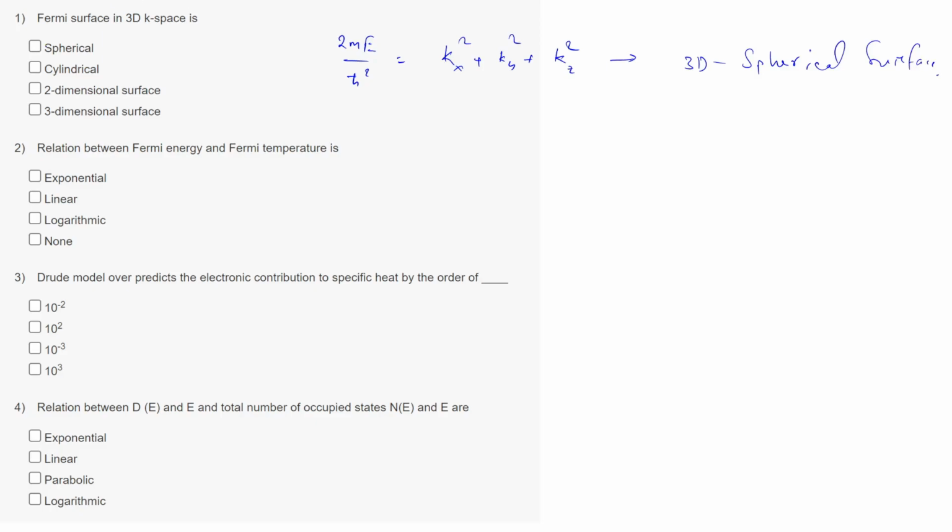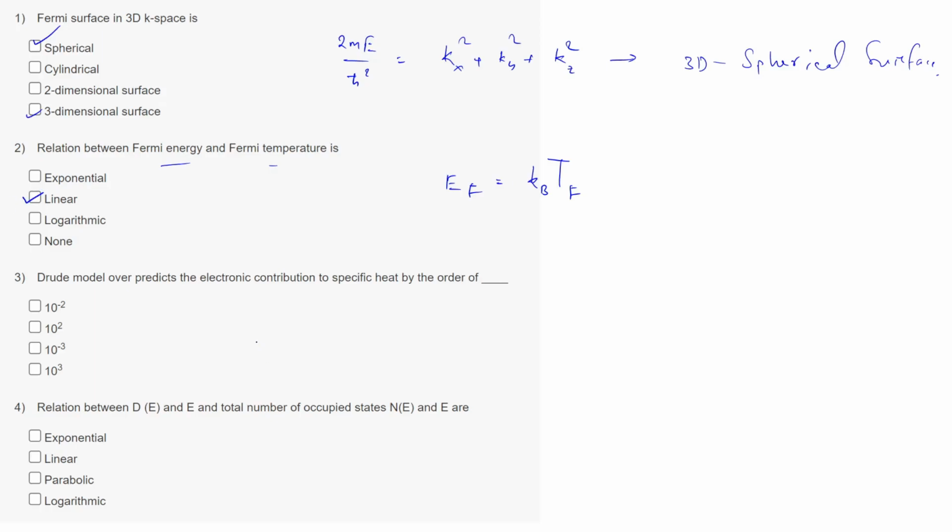So the correct answer will be it is spherical and it is in three dimensions. So what is the relation between the Fermi energy and Fermi temperature? The Fermi energy is EF, and the Fermi temperature, how do we find it? We do EF equals kB TF. So it is a linear relationship.